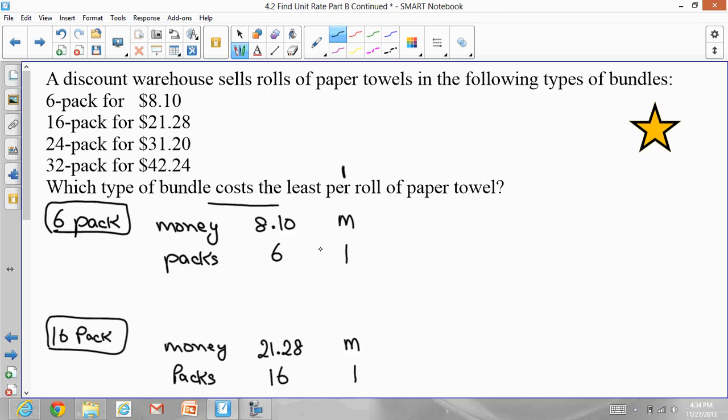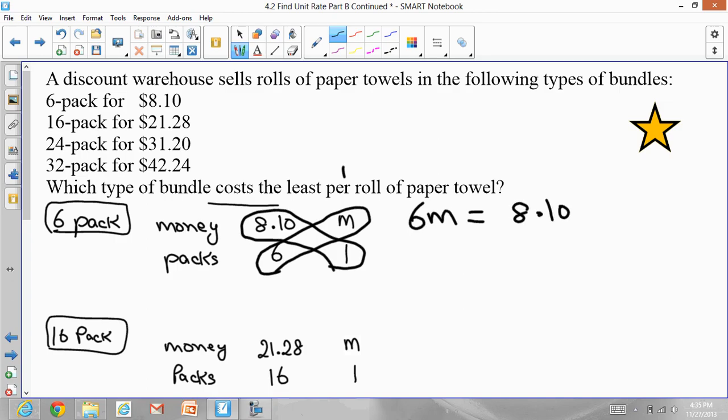Now let's focus over here. What I'm going to do is cross over and multiply in the same usual step. 6 multiplies m to give you 6m equals 8.10 multiplies 1 to give you 8.10.